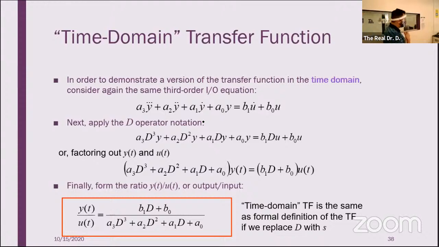And then I can group everything, take all of my Y's out, and isolate all of my coefficients. I do the same thing for U. Then I can create a ratio of the output to the input. And look, I get my time domain transfer function. Hey, that looks a lot like the Laplace domain transfer function, except that it has D's instead of S's. Yes, it does.